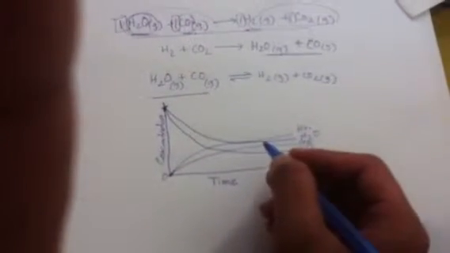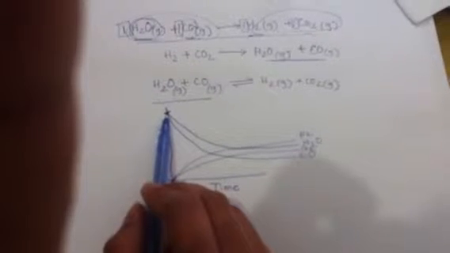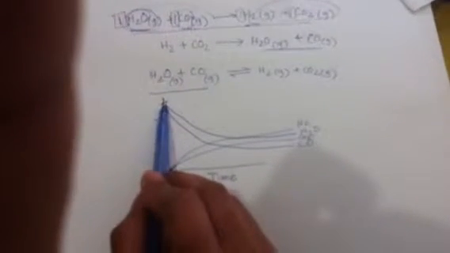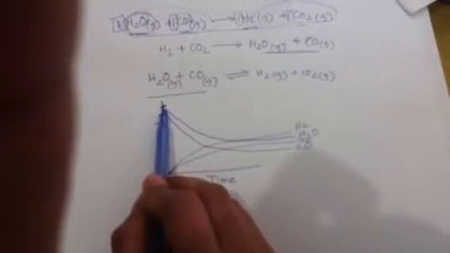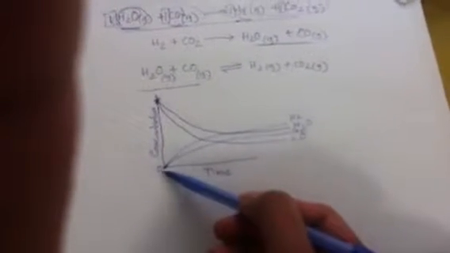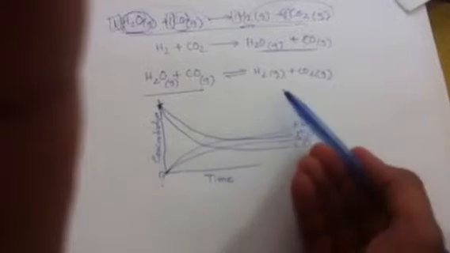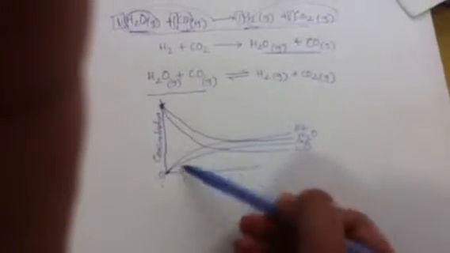They're increasing. So in this graph, since I have a very large amount of my reactants, they're coming down, and since I have a very small amount of my products, they're going up.